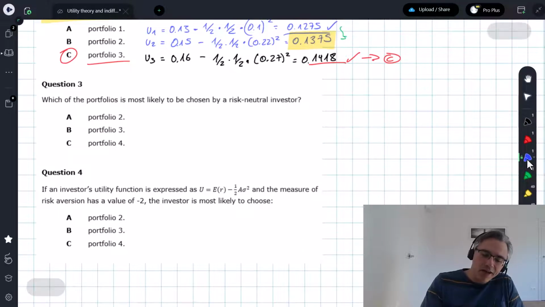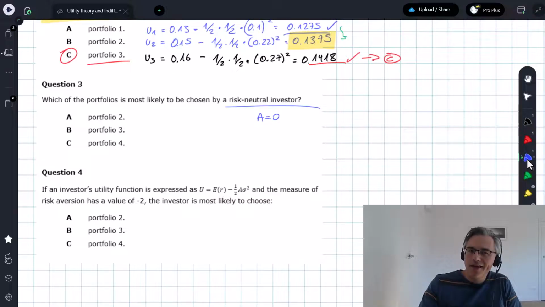Now, for question 3, which of the portfolios is most likely to be chosen by a risk-neutral investor? This is somebody who has an A equal to 0, and don't expect to be told that. You'll just have to know.